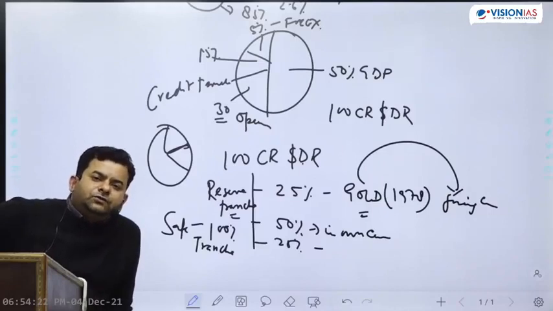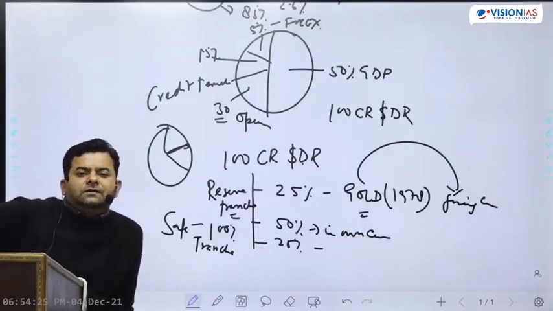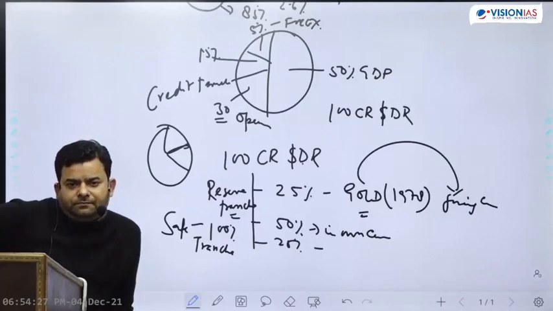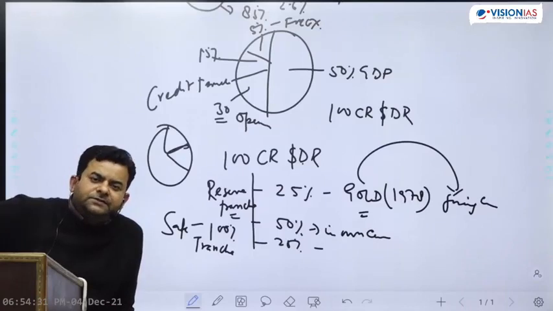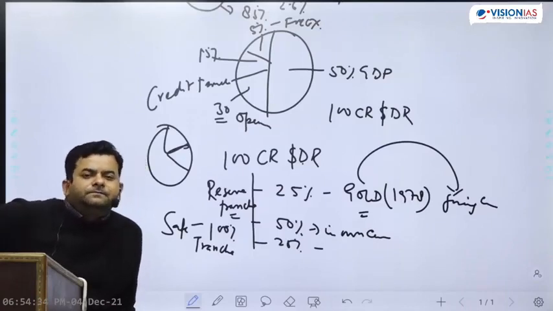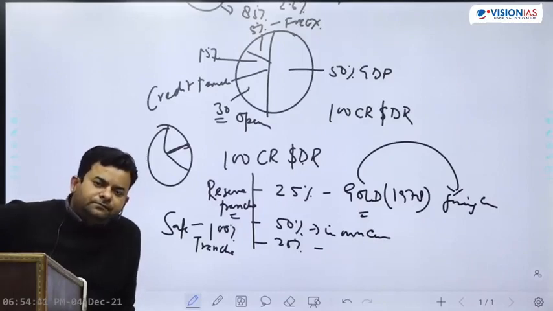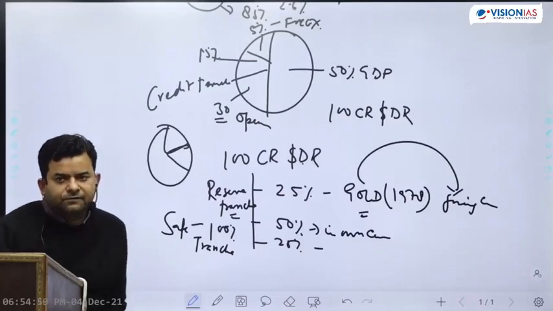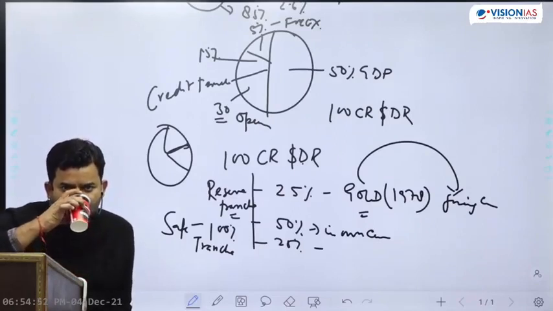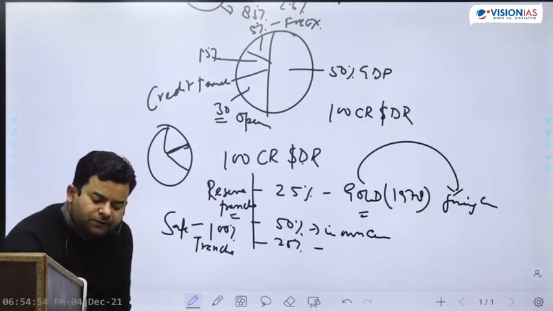If any country's quota is, say, 100 SDR, just for the sake of percentage, the first 25% they have to deposit in foreign currency.